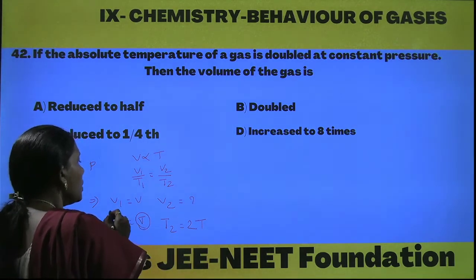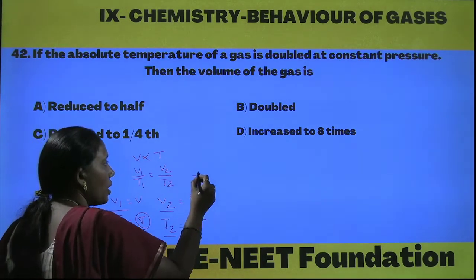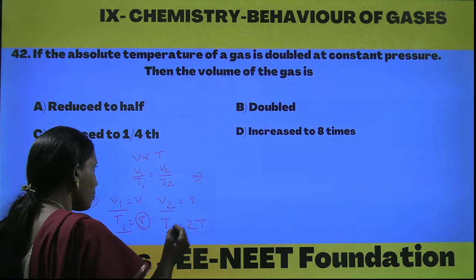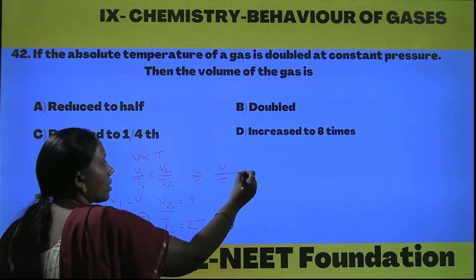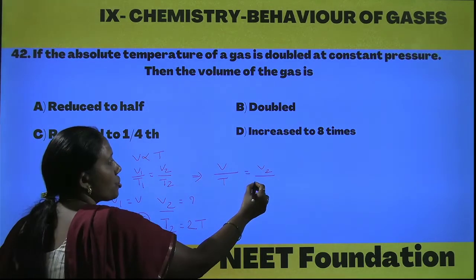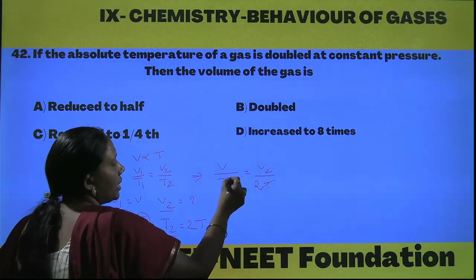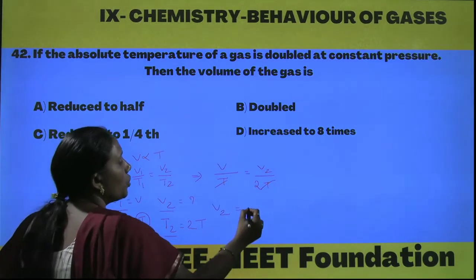So simply substitute these V1, T1, V2, T2 values in the given formula. Then we will get V1 is V, T1 is T, V2 we have to find, T2 is 2T. Then T and T will get cancelled, then V2 equal to 2V.